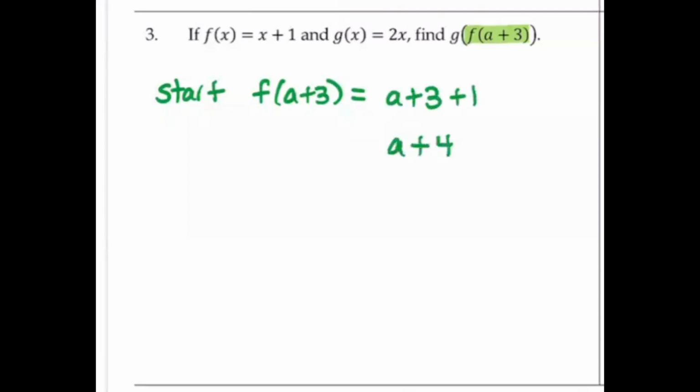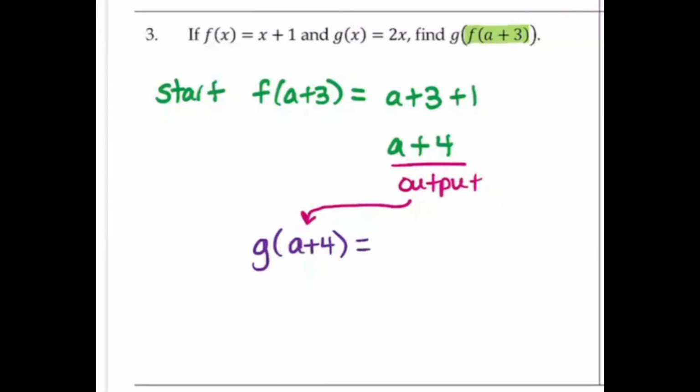We get an output of a plus 4. This output is now the input for the next function, which is the g function. And we're going to do the evaluation again on here. And we end up with 2a plus 8.